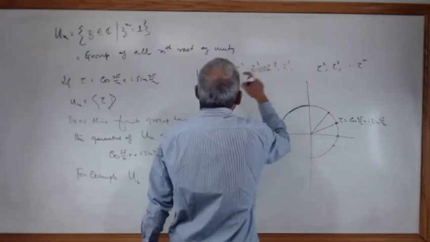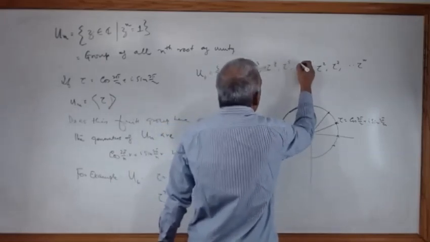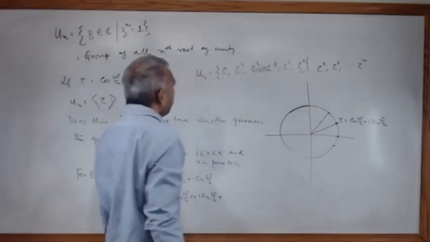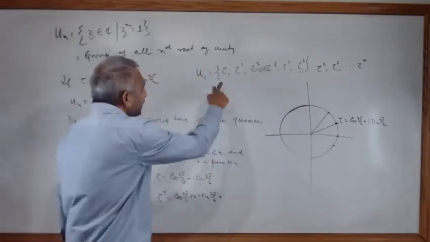And the 6 will be the identity, or we can say C6. This is our identity. 1, 2, 3, 4, 5, 6. And this is the generator.